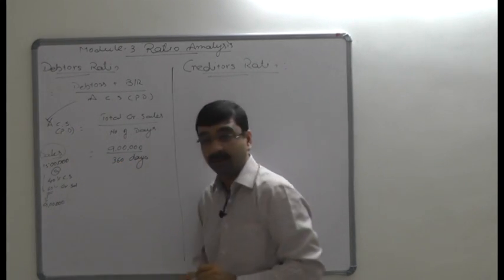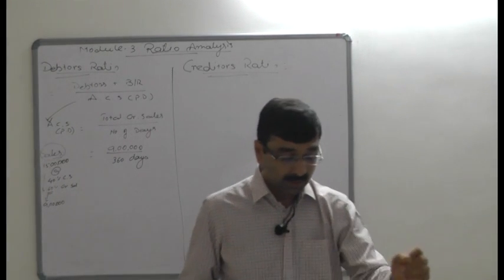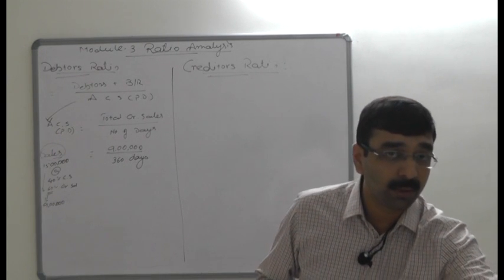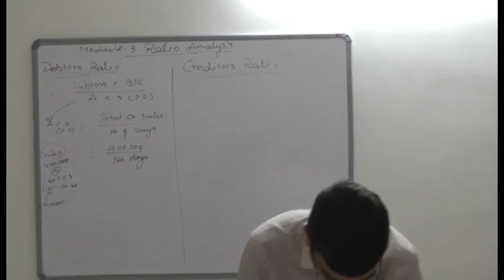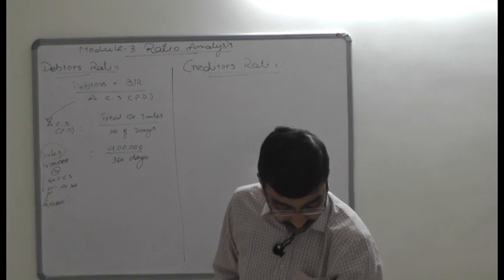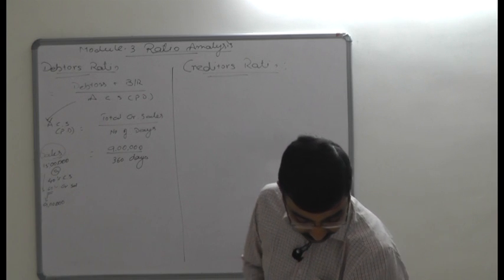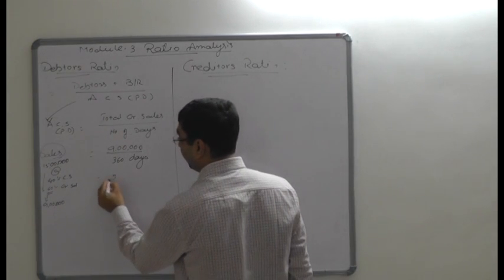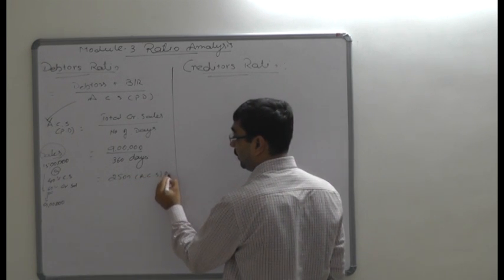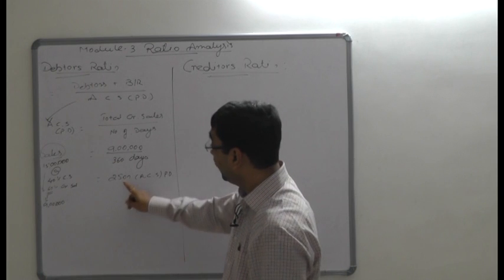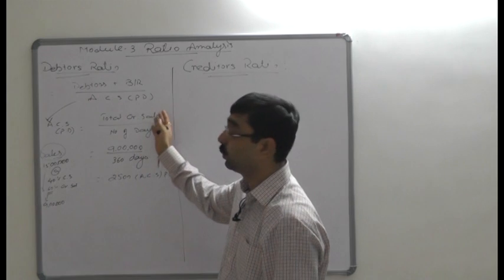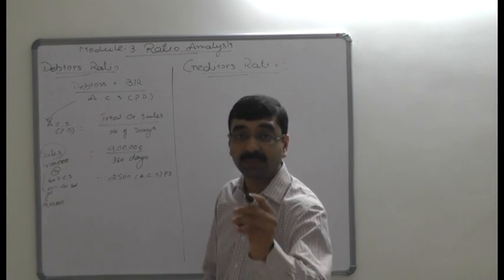Now, just a moment, we will take this part out, and the figure we find is around 2,500 average credit sales per day. It means the 2,500 is the average credit sales per day, from the total credit sales divided by the number of days given in the question.